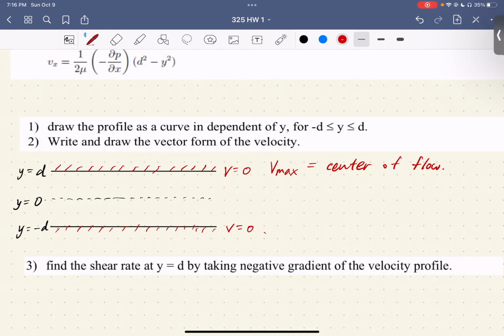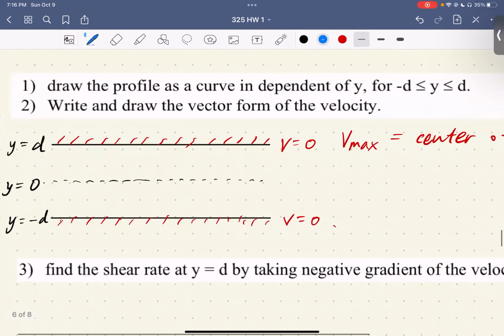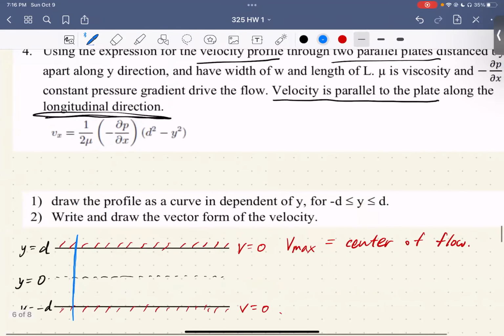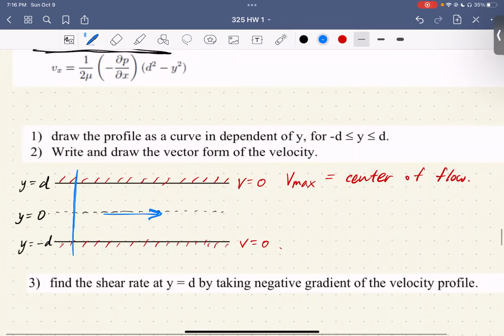So we can arbitrarily draw this. I'm not going to solve it for you, but let's say we're just looking at this part right here, this is just an arbitrary line. And we know that velocity is going parallel to the plate in the longitudinal direction. So this way, we know velocity is like that.